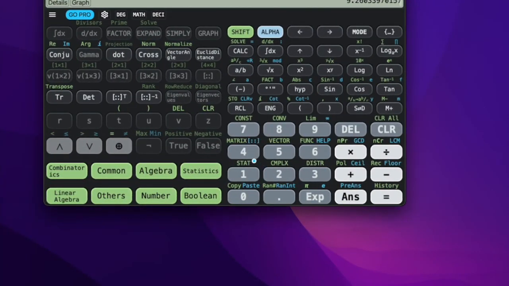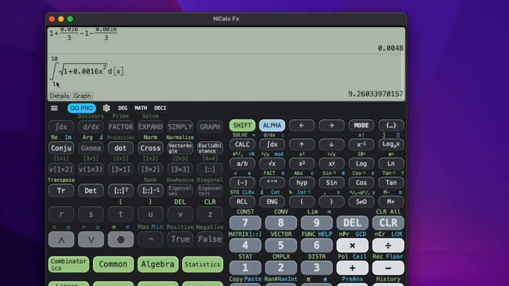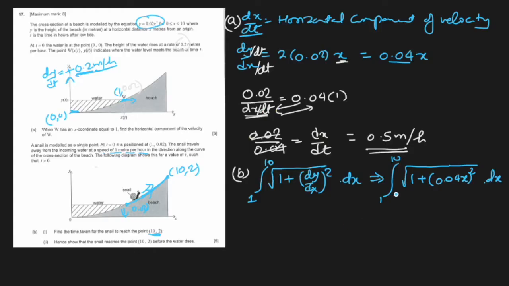I have already done this. You can see here from 1 to 10, I have put this in, and the answer is 9.26. The distance of travel of the snail from this point to this point is equal to 9.26 meters.